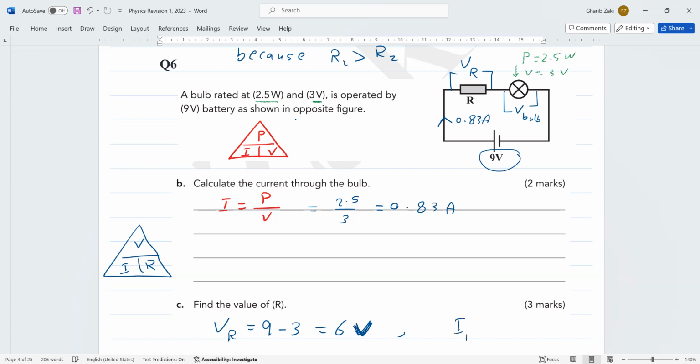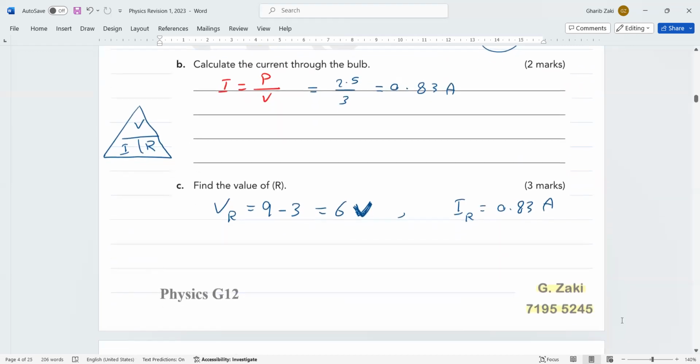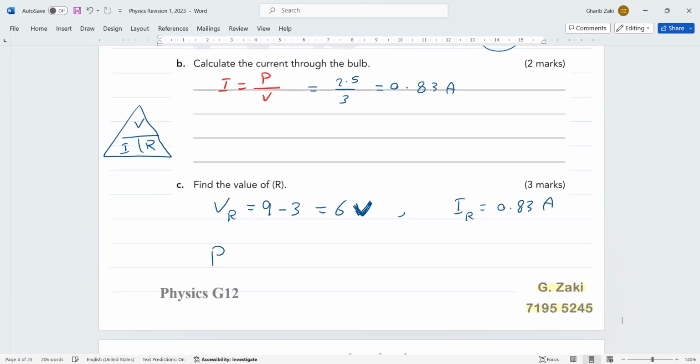And the current in the resistance is the same as the whole circuit, 0.83 ampere. Then we can get the resistance. R equals V over I, 6 over 0.83. When you use the calculator, it will be 7.23 ohms. Yes, question?